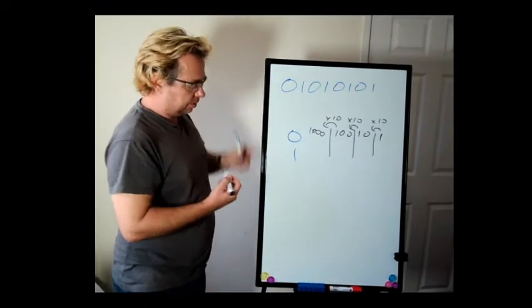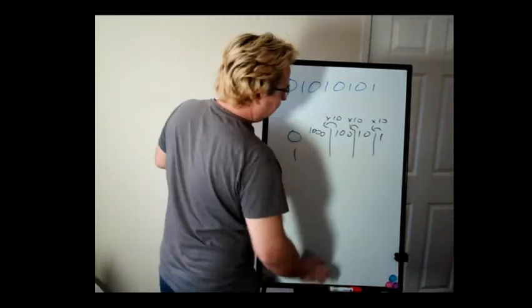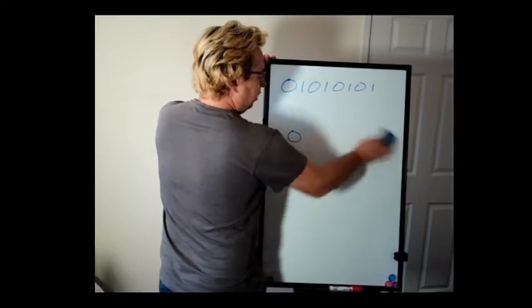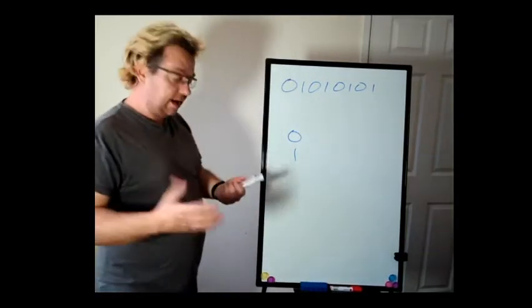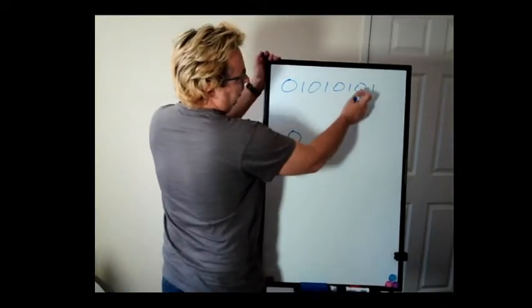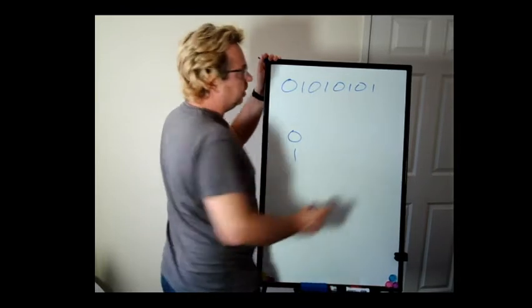Okay, and it goes on infinitely like so. When we're doing binary, because we haven't got our 10 available symbols, we've only got 2, each time we move up, we are timesing by 2.